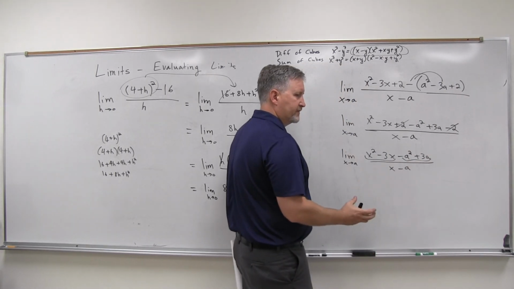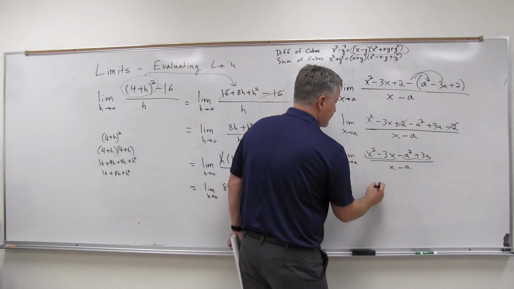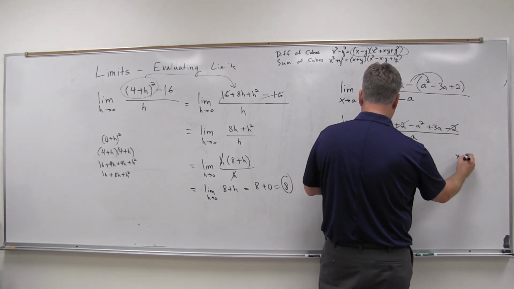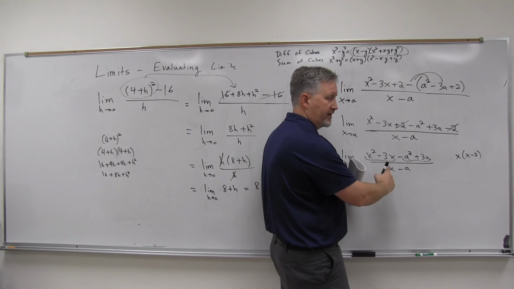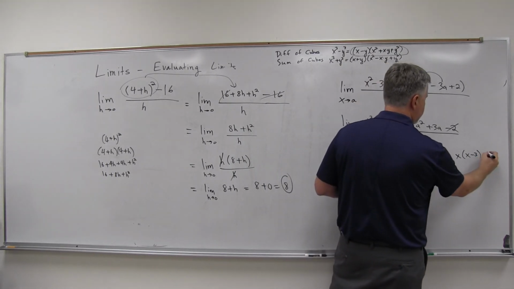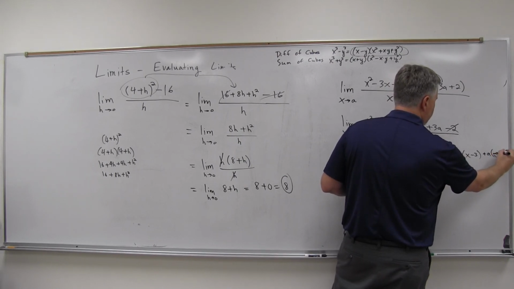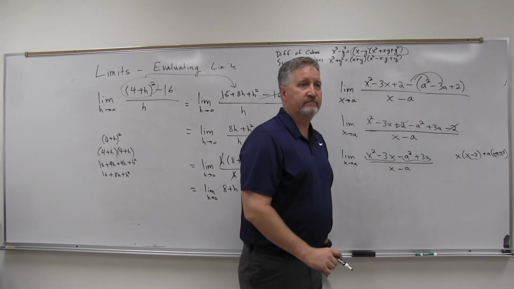If I factor off a common factor amongst those groups, let me write over here because this isn't going to work, because I get x times x minus 3. There's a common factor of x amongst those 2, right? And there's a common factor of a here. But for this to work, this and this need to be the same.